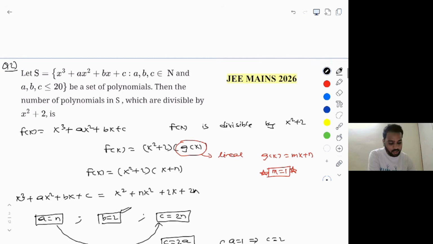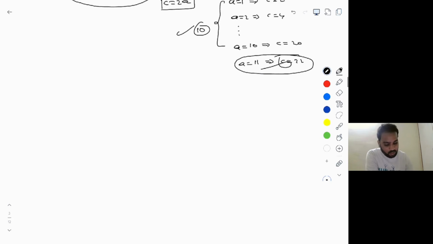Now let's read the question again. We have to find out how many polynomials in the set S there are. So clearly, the number of combinations of a, b, c will give you the total number of polynomials in the set S here, right? If you take the total number of combinations of a, b, c, b is always fixed, which is equal to 2, and a and c combined can be put in how many ways?